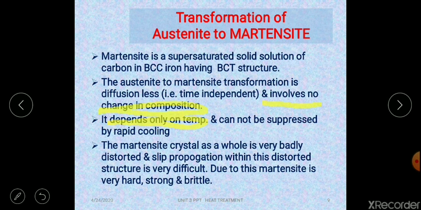It depends only on the temperature and cannot be suppressed by rapid cooling. The martensite crystal as a whole is very badly distorted, and slip propagation within this distorted structure is very difficult. That is, the distorted crystal structure gives martensite very hard, strong and brittle properties.